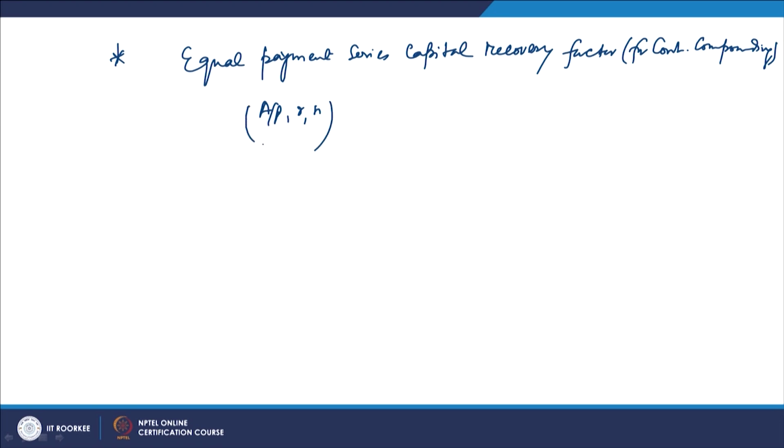Earlier you had 1 minus e raised to the power minus r n divided by e raised to the power r minus 1. Now, it will be e raised to the power r minus 1 by 1 minus e raised to the power minus r n. This factor when multiplied with P will give you the value of A, that is your equal payment series value.